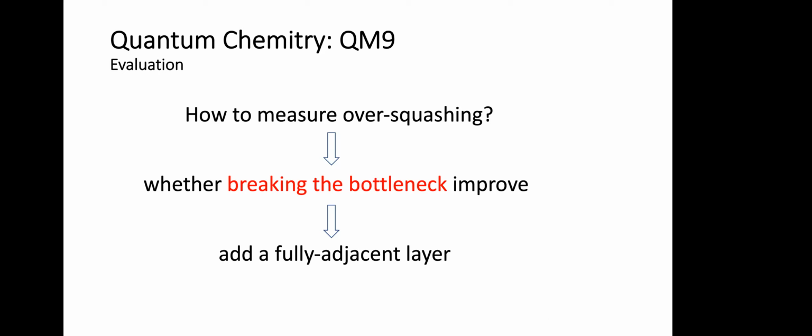So to explain the bottleneck: in problems that require long range information, we use many GN layers. We stack many layers to propagate the message from a longer distance. So a node will receive messages that combine the messages from a very long distance.